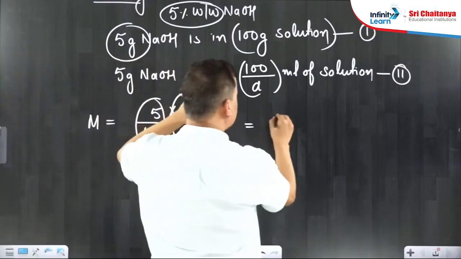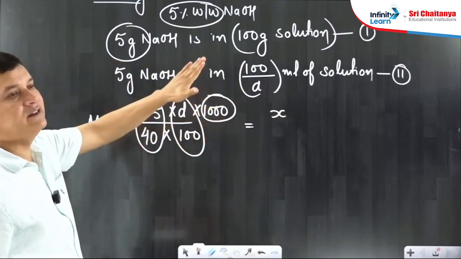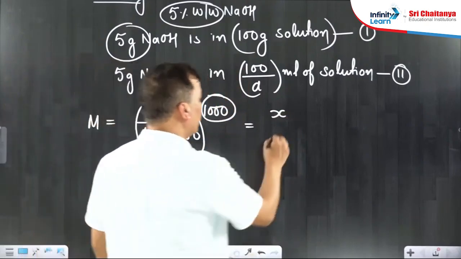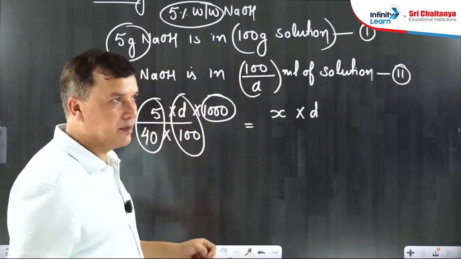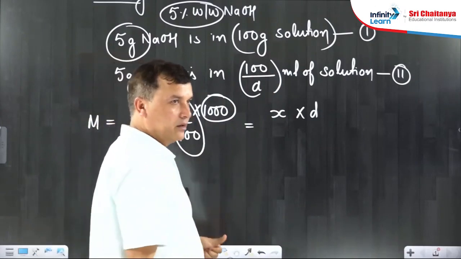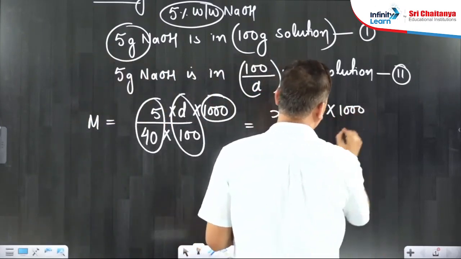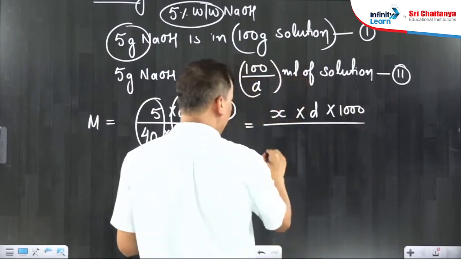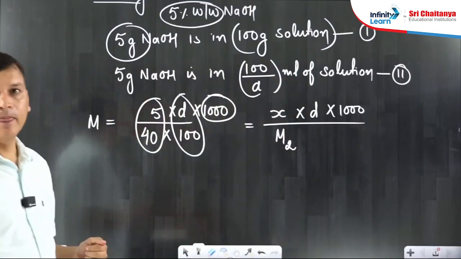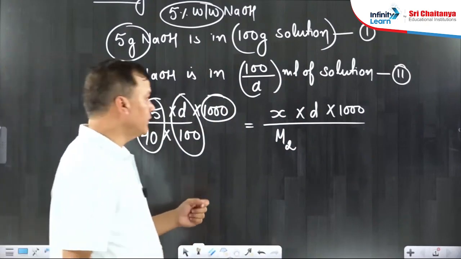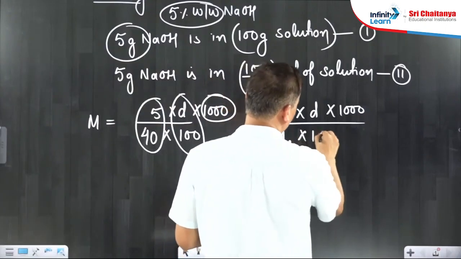Here is X. X is the percentage of solution, into D. D is the density of solution in gram per centimeter cube. Okay. Into what? Into 1000 upon M2, where M2 is molar mass of solute, and here is 100.